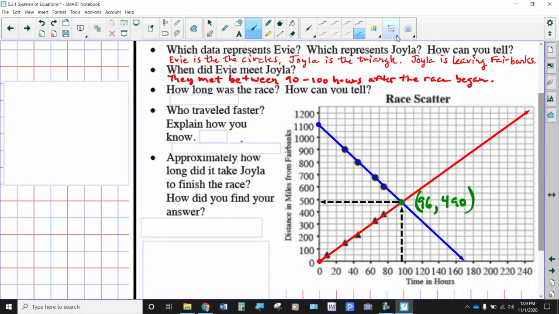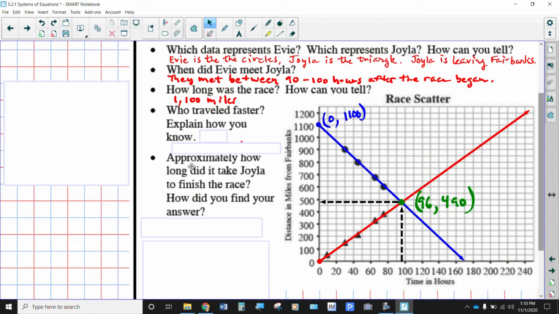It looks to be right here, where x is equal to 0, meaning when the race started, she was in Nome, Alaska, which was at the 1,100 mile point away from Fairbanks. So Nome, Alaska must be this distance away from Fairbanks, Alaska. So how long was the race? It must be 1,110 miles.